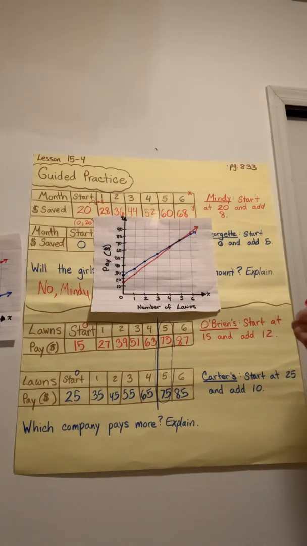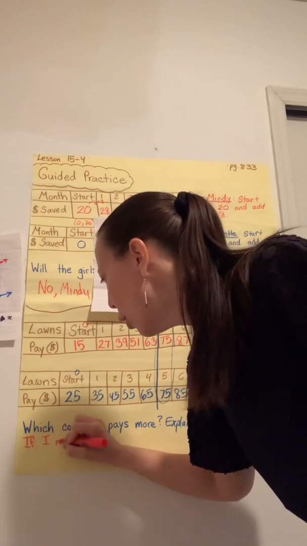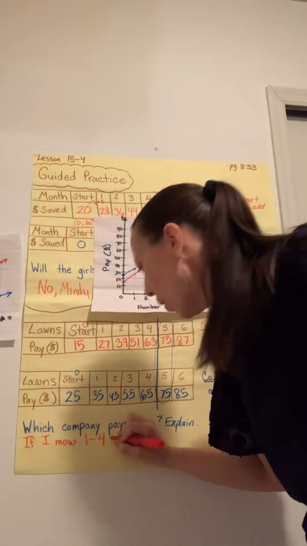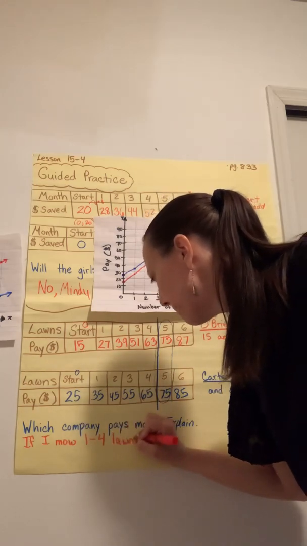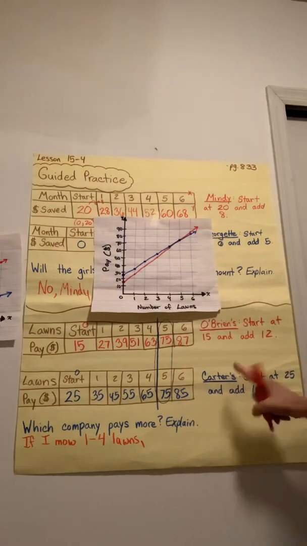It's not as easy as the last one. So I have to explain this. Which company pays more? Let's see. If I mow 1 to 4 lawns, who pays more? The blue line is higher. Carter pays more.